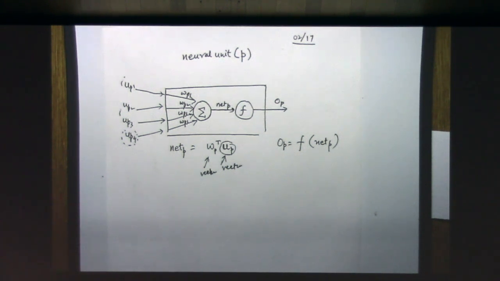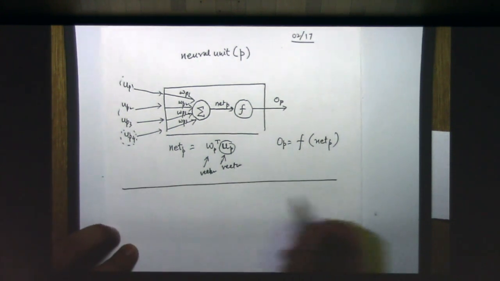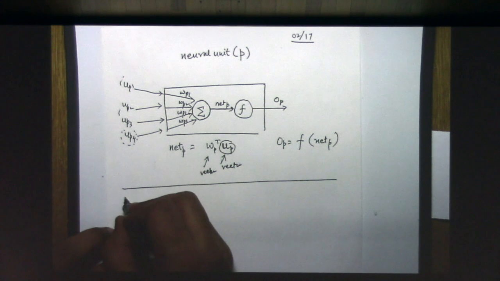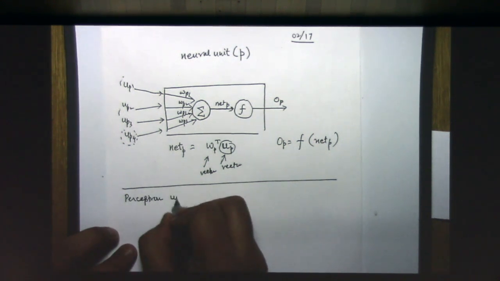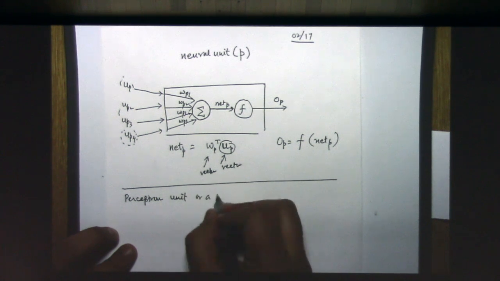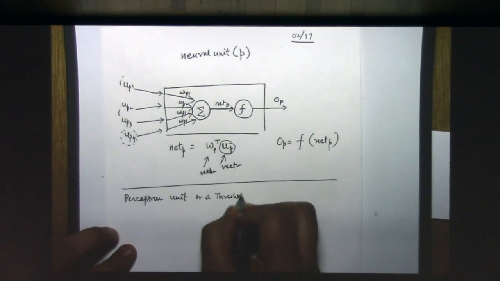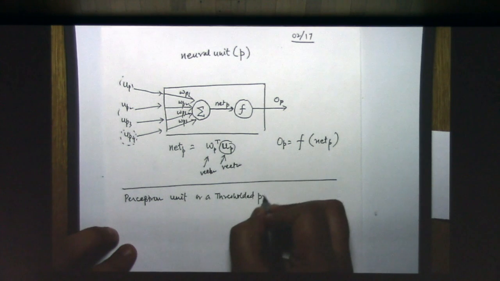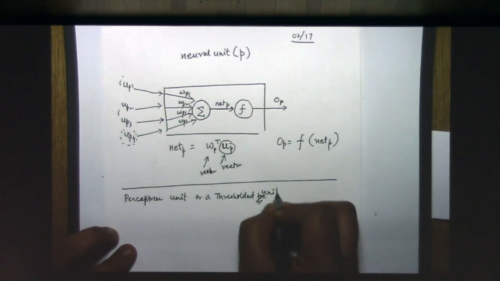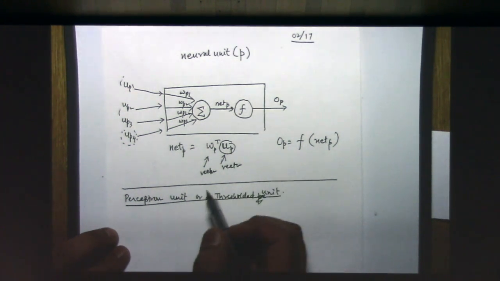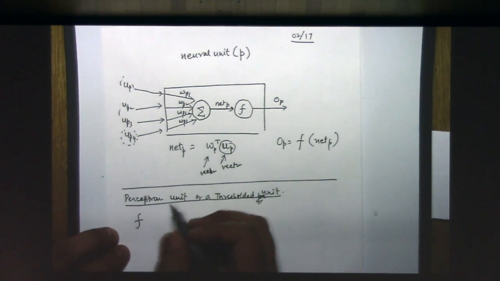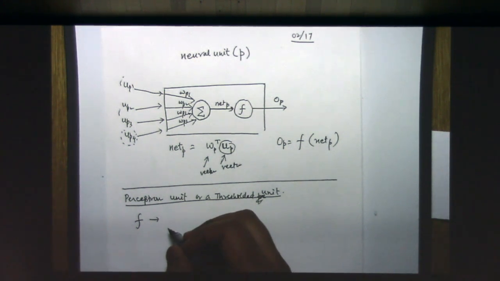All right, so that's a general schematic of a neural unit. So far, in the last two classes, we have seen two types of neural units. We have seen one called a perceptron unit, or a thresholded unit. In this unit, F is essentially a threshold function.